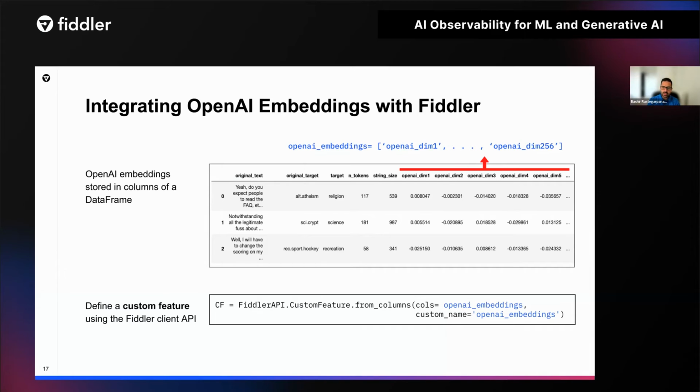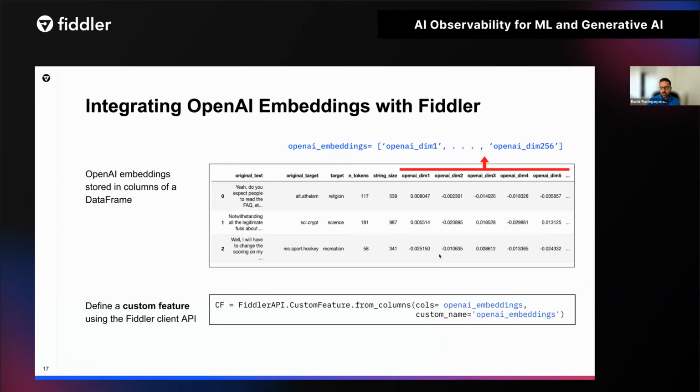One way of creating these custom features is what we call the from columns method. In this method, we group a subset of columns in a data frame, and then we specify to Fiddler the columns that need to be monitored as a vector.